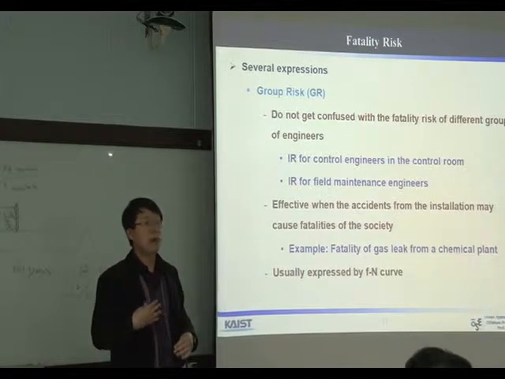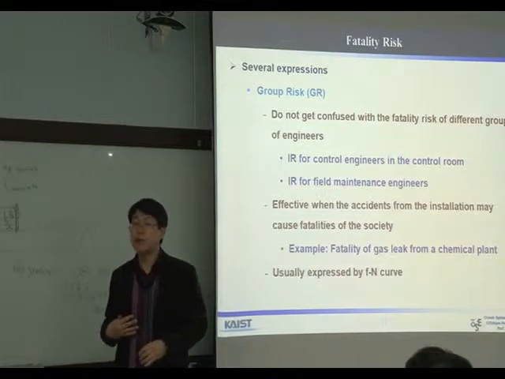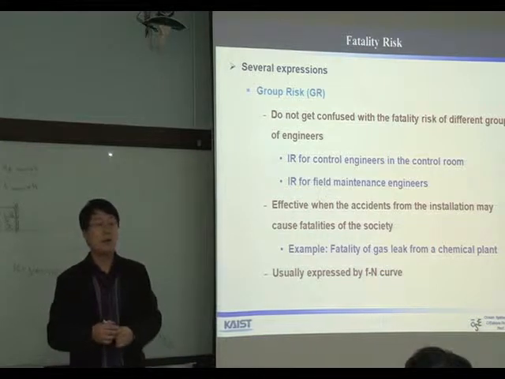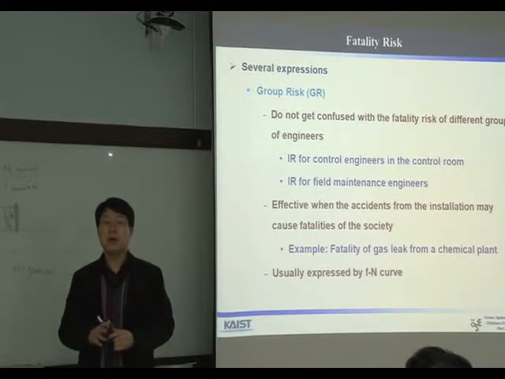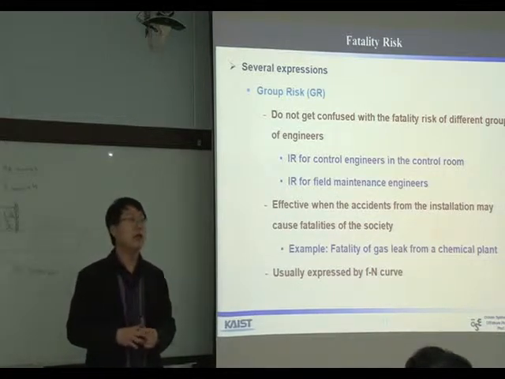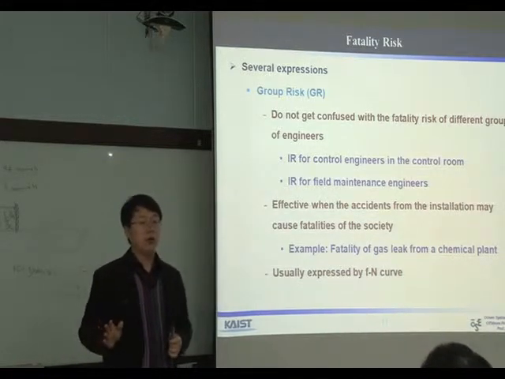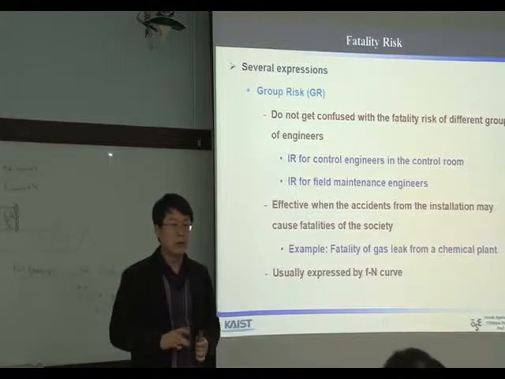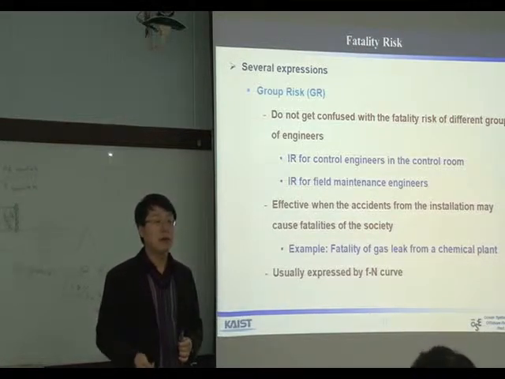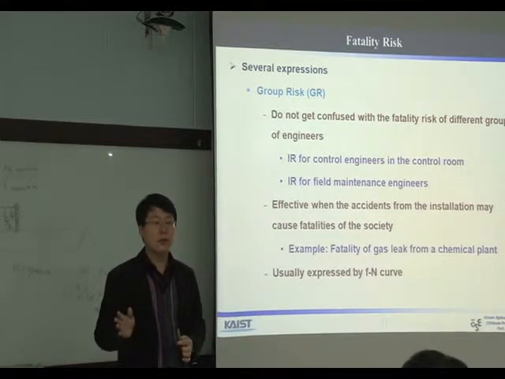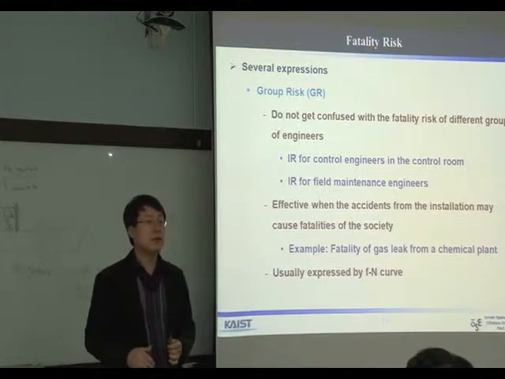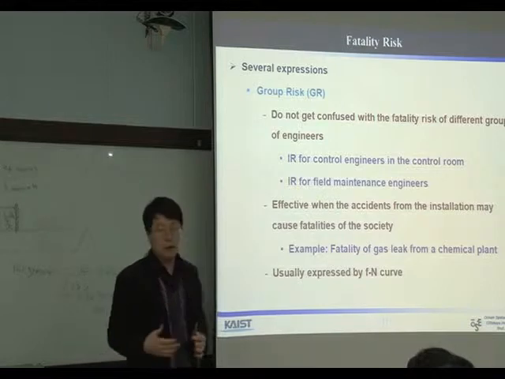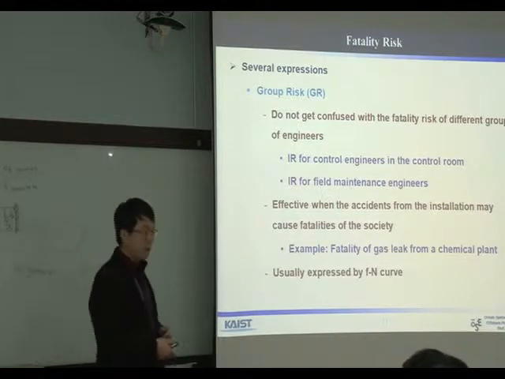Many people get confused that group risk is the risk for different groups of engineers, but it was not the original intention. But anyway, original intention is not important. The important thing is how convenient the concept is in expressing the risk.